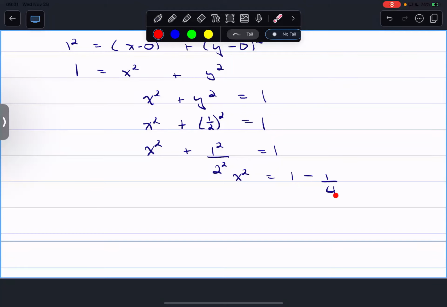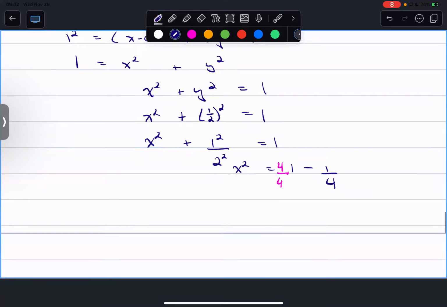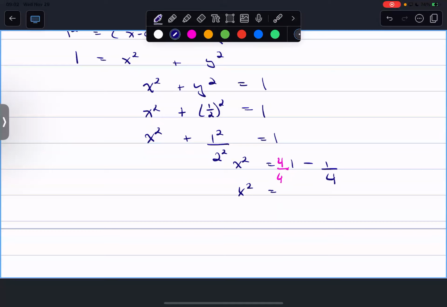So I multiply 1 by 4/4, right? 4 divided by 4 is 1. 1 times 1 is still 1, I haven't altered anything. And then I have 4 times 1 is 4 divided by 4. So now x squared is 4 minus 1 divided by 4.